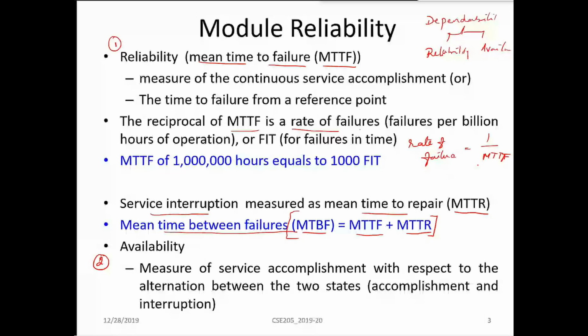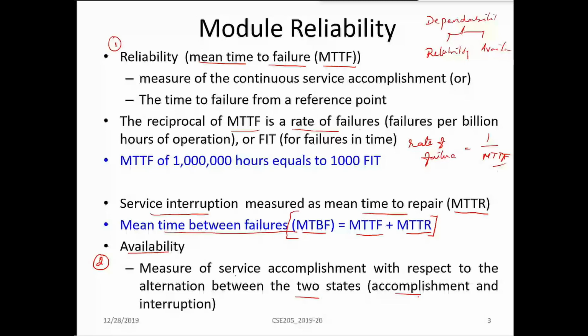And moving on to availability, it is the service accomplishment with respect to the alternation between the two states, accomplishment and also interruptions. So module availability, you can write it in terms of this: mean time to failure divided by mean time to failure plus mean time to repair.